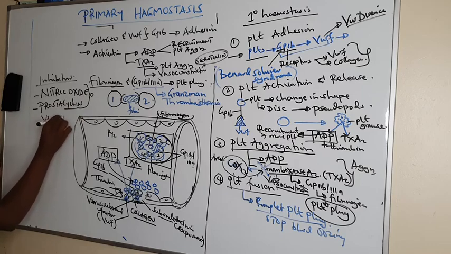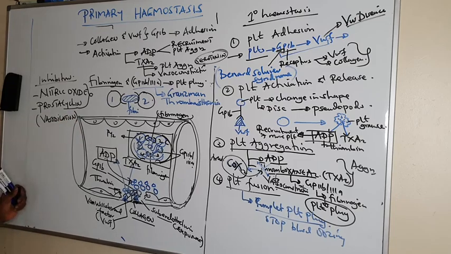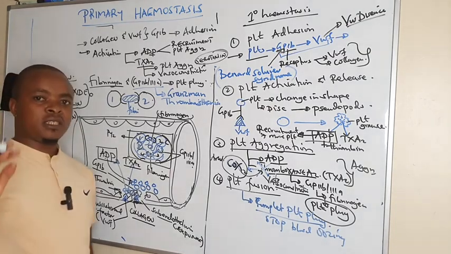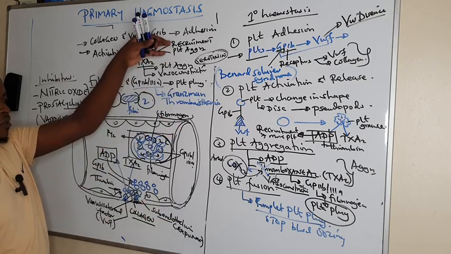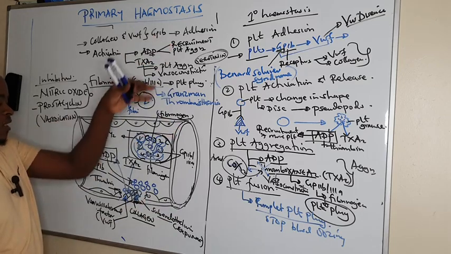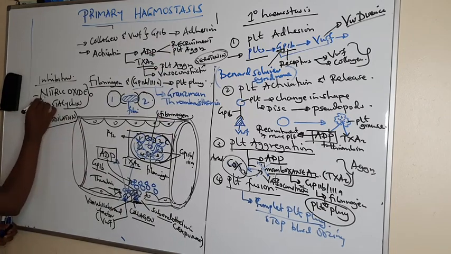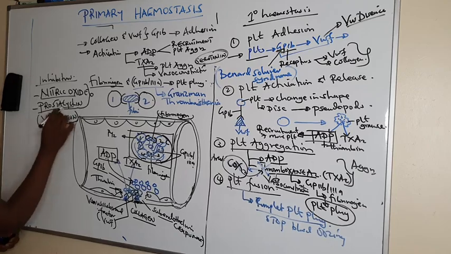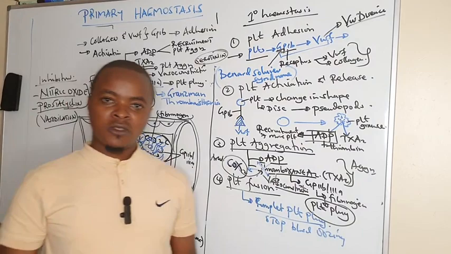They cause vasodilation. And vasodilation is one way of inhibiting platelet plug formation, whereby the blood vessels increase the diameter of the lumen, hence it is hard to stop blood from oozing out. So the inhibitors, we have nitric oxide and prostacyclin as the inhibitors of primary hemostasis.